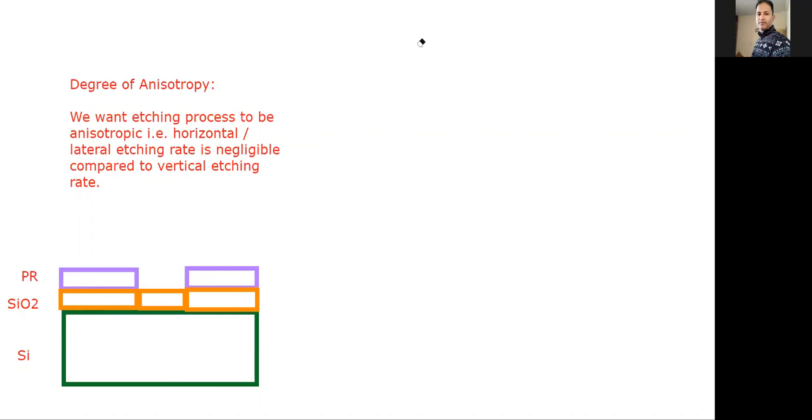Okay. So what happens when you have etching in lateral direction? Your structure will not be like this. Rather, first let me write for clarity that this is the case when our etching is anisotropic.